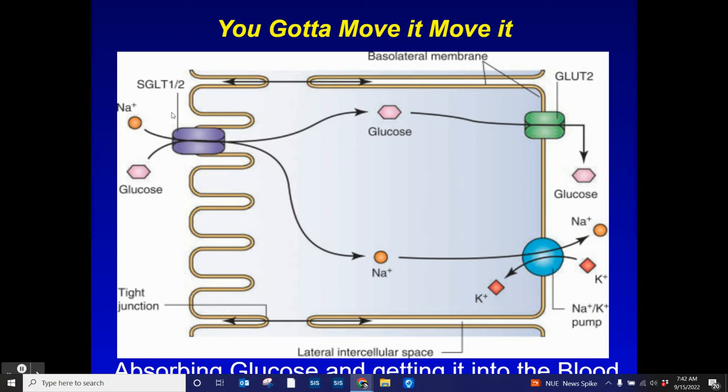This is our co-transport molecule. You have a glucose transporter over here, and we have a sodium potassium pump. And all I want to say right now is that we're going to establish a concentration gradient, use that concentration gradient to move glucose into the cell, and then glucose will leave the cell via facilitated diffusion.